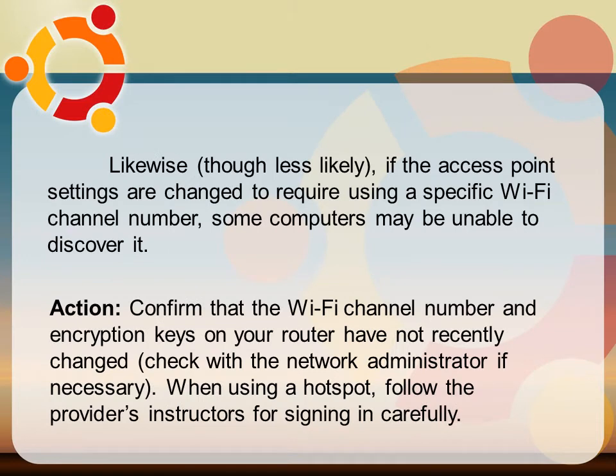Likewise, although less likely, if the access point settings are changed to require using a specific Wi-Fi channel number, some computers may be unable to discover it. So the action: confirm that the Wi-Fi channel number and encryption keys on your router have not recently changed. Check with the network administrator if necessary. When using a hotspot, follow the provider's instructions for signing in carefully.